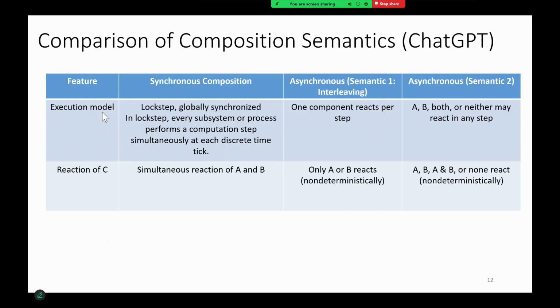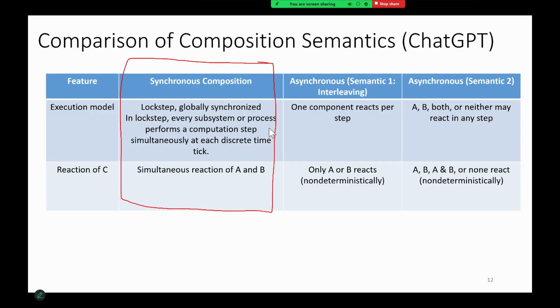The execution model of the synchronous, as we have learned, is synchronized. Every subsystem or process performs a computation step simultaneously at each discrete time tick. So this is the first, synchronous composition, which we have studied the semantics for. And as you can see, the reaction of C is the simultaneous reaction of A and B. The C contains the A and B.